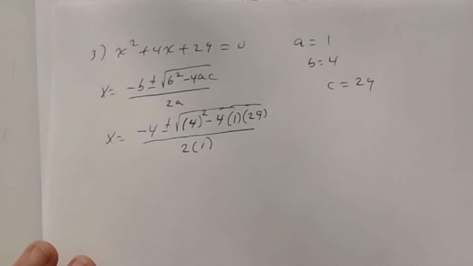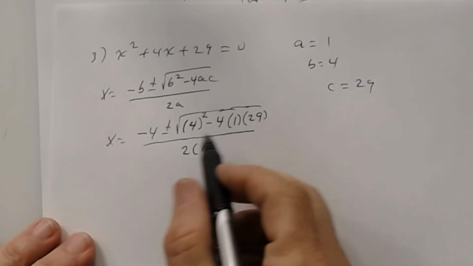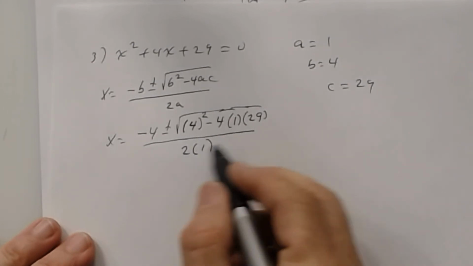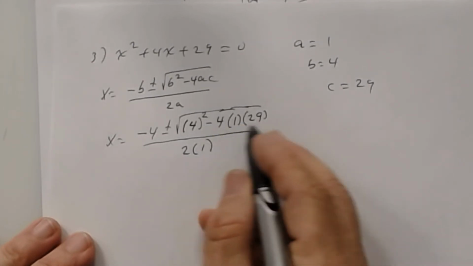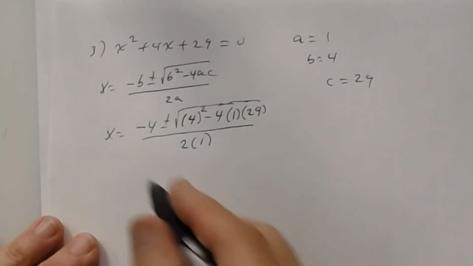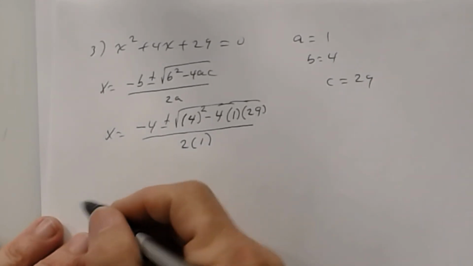So notice all I did was plug numbers into the formula. Now I'm going to manipulate the radicand, the discriminant, and you're going to see why it's called the discriminant Monday.